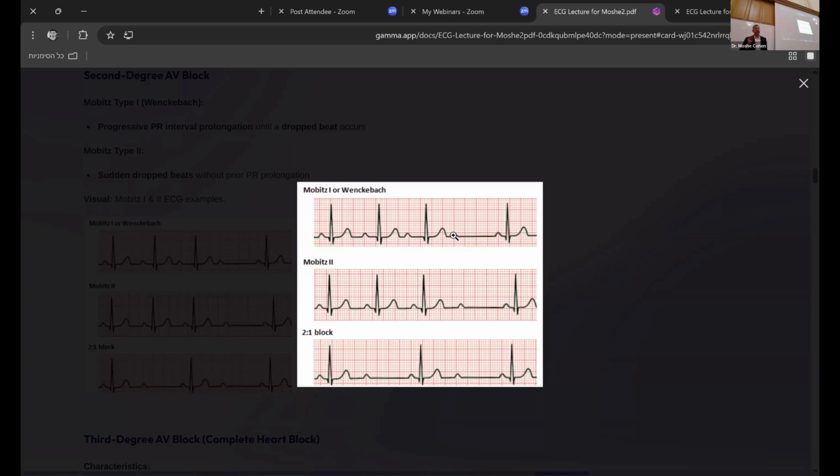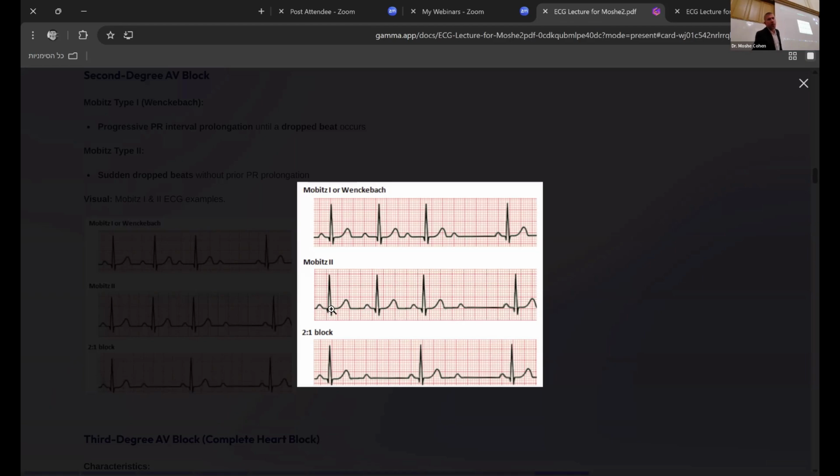Okay, it's very important to diagnose because this patient most likely will need a pacemaker in several years. But Wenckebach, Mobitz 1, is not an indication for a pacemaker. Okay? This is Mobitz 2. Mobitz 2 is where you have a constant PR interval with a dropped beat.